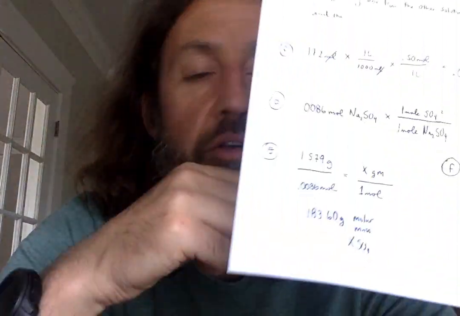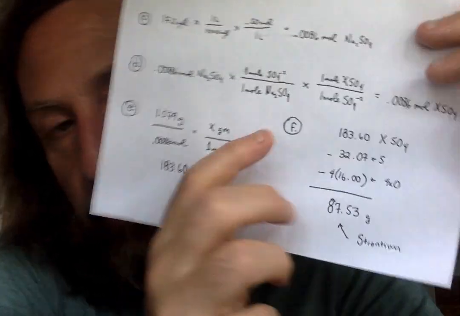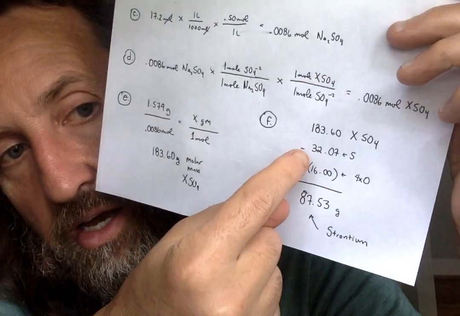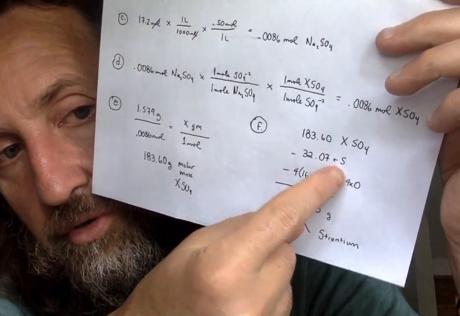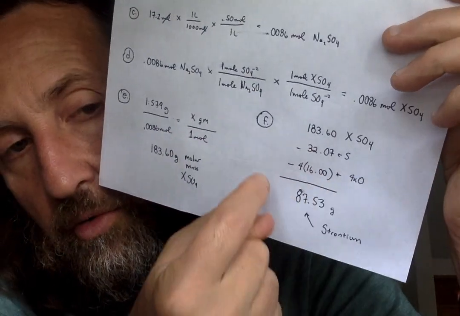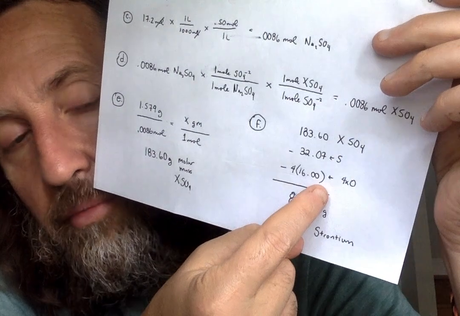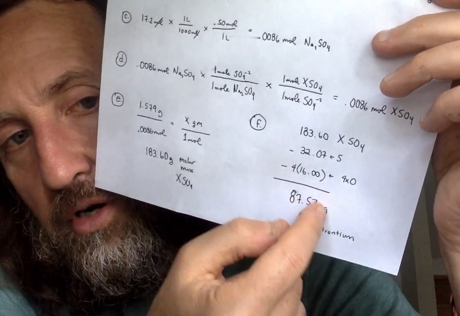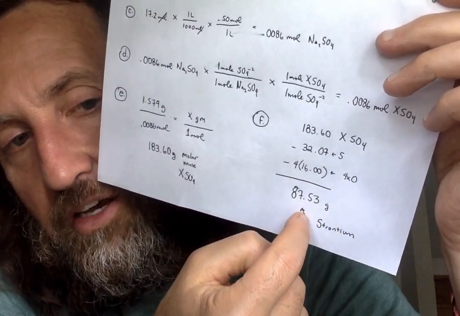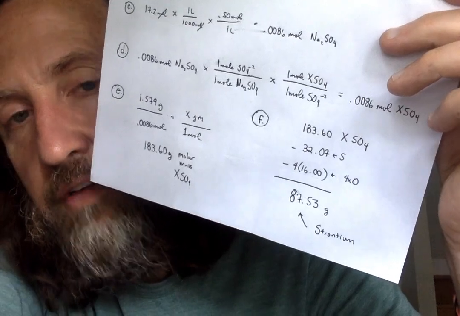I still have X there. And so what I'm doing to get rid of the X is I take that molar mass, I take away 1 sulfur, which you see here. I take away 4 oxygens, which you see here. That would be 64. And then I'm left with 87.53.